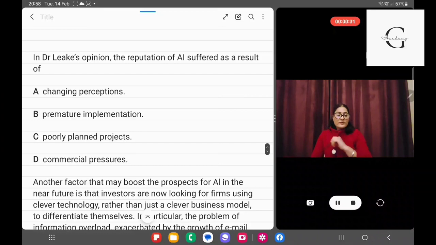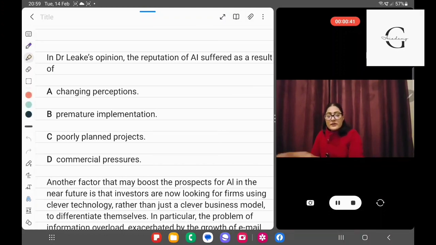Again, I'm gonna focus on the question first. So the question is, in Dr. Lake's opinion, the reputation of AI suffered as a result of. So let's highlight the keywords first: reputation, suffered as a result of.